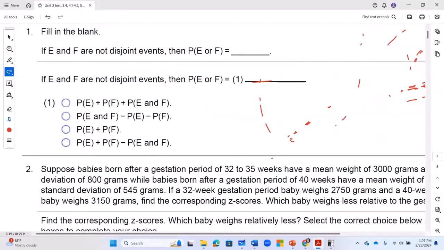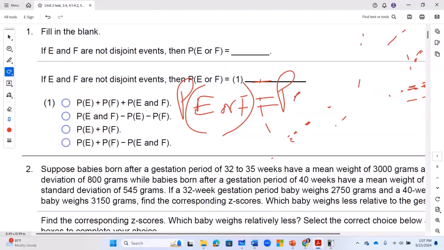So the probability of E or F, remember, I can use union for or, is probability of E plus probability of F minus probability of E intersection F, that intersection.